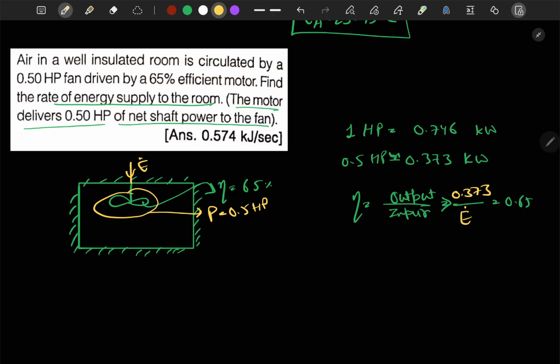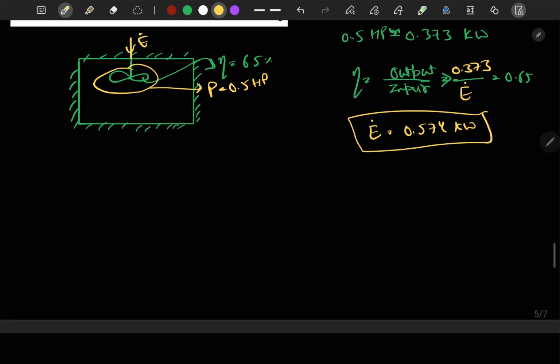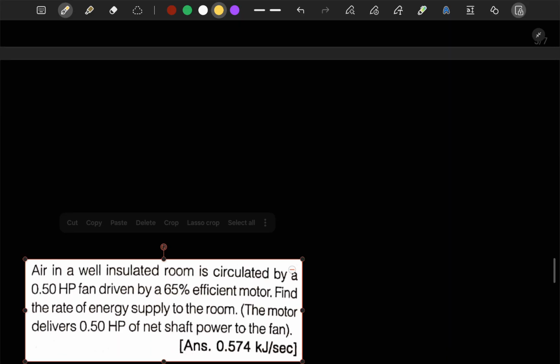So we calculate 0.373 divided by 0.65, and we get 0.5738, or 0.574 kilowatt, or kilojoule per second. It is the rate of energy supplied. So we have completed this question, and let's move to the next question.